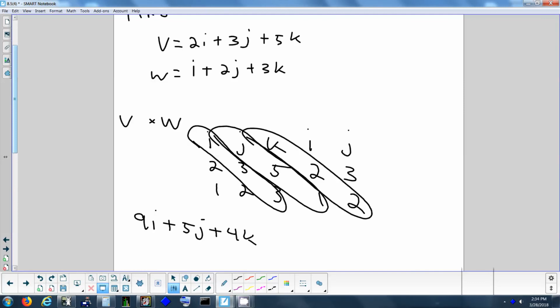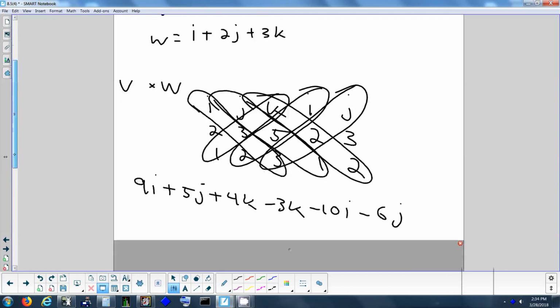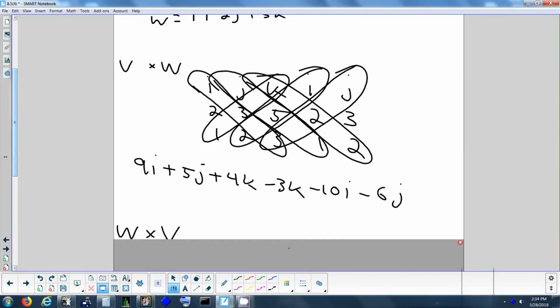Now the part you have to remember is you're subtracting the other ones. K, 3, 1, so subtract the 3k. I, 5, 2, so minus 10i. And then j, 2, 3: minus 6j. So combine your like terms, and that's your answer.